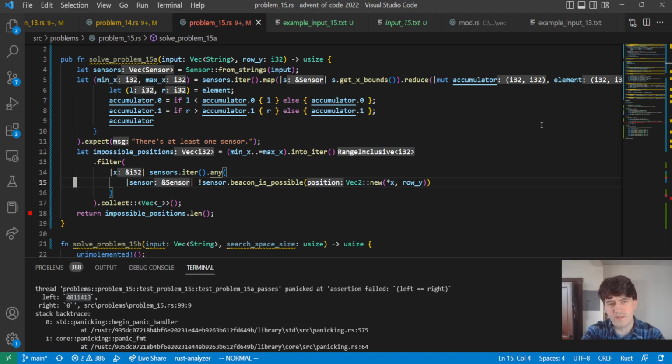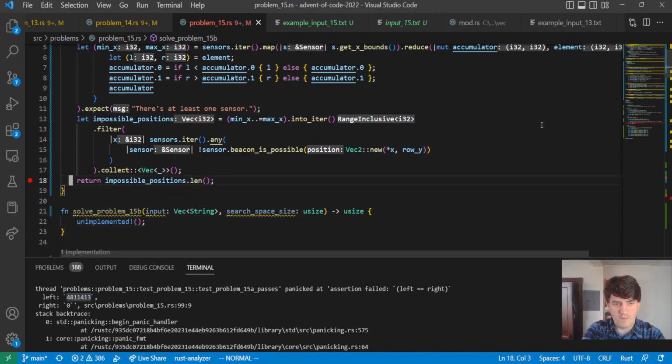The other thing is, in this case we exhausted the space. We really don't want to do that this time. We want to, not lazily, what's the opposite? Greedily return. So as soon as we see a reasonable place for the beacon to be, we return and say that it's that. And then we'll also have to do the tuning frequency part of the calculation.